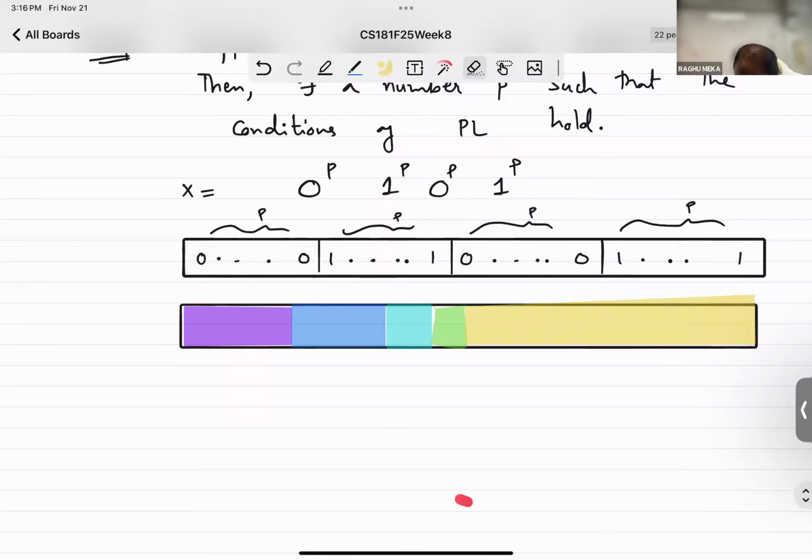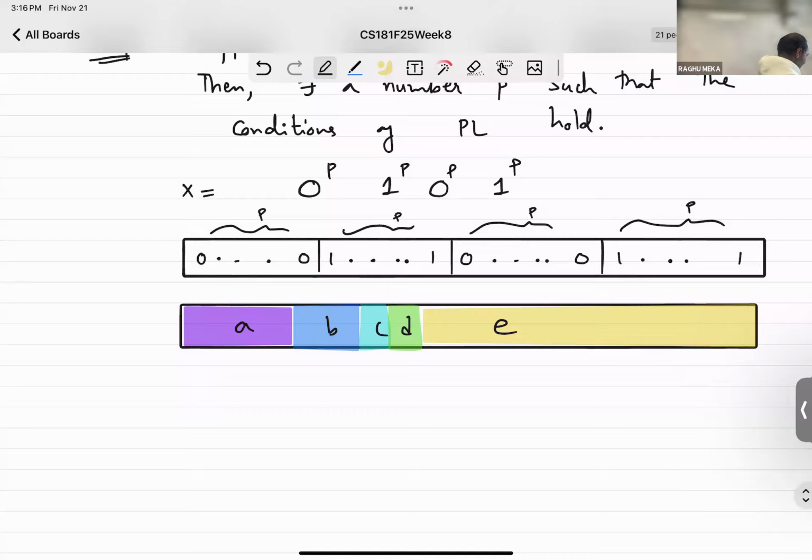See, this picture is badly not to scale, so let me correct that. It fails in one important aspect. Okay, so someone tells you, I can break it up as A, B, C, D, E, where I have to satisfy the conditions of the pumping lemma.